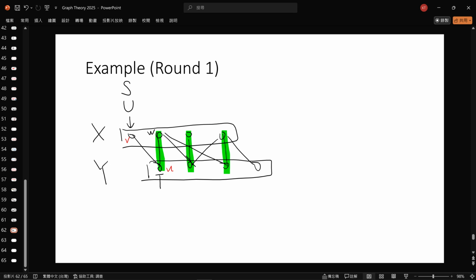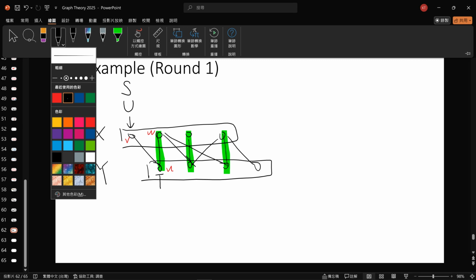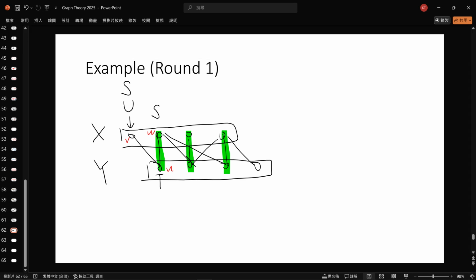In this case, it is saturated by M. So we consider the edge in the matching that is adjacent to this vertex U. So this guy. So we're going to add the M point W to the set S. And this finishes the first round.